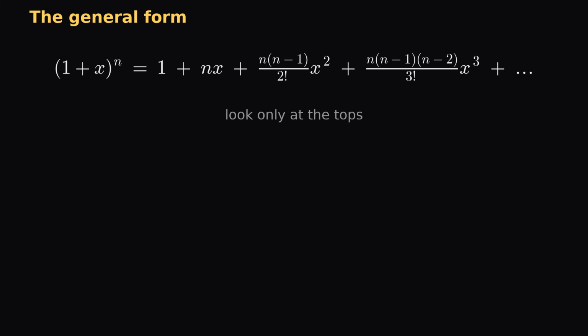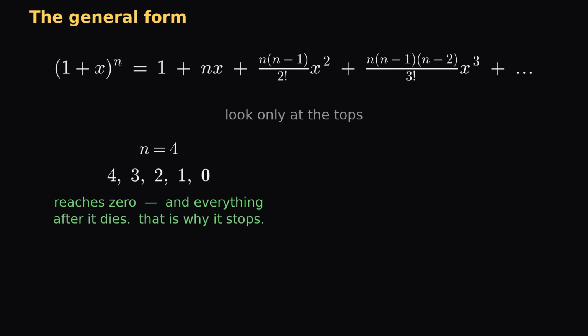Now look only at the tops of those coefficients. When n was 4, that chain counted down. 4, then 3, then 2, then 1, and then it reached 0 and killed everything after it. That is why it stopped.